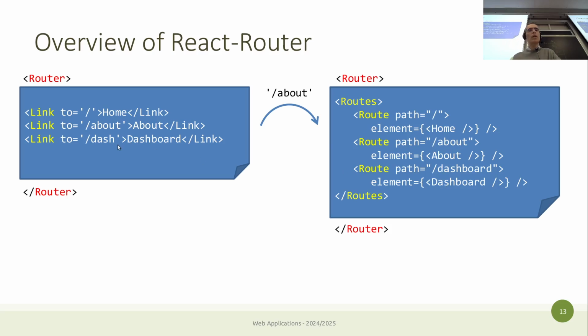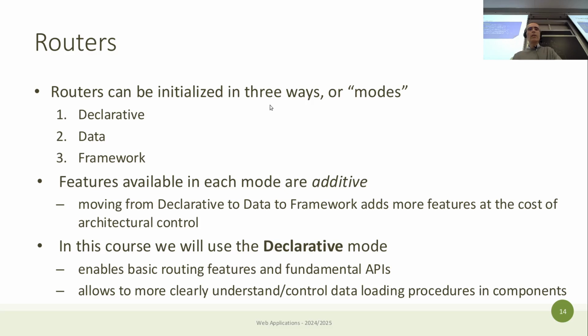Actually, here they shortened the dashboard, so this one will not work, and I need to fix this slide. In any case, these are URLs that you define yourself as a designer of the application. It's up to you to decide these URLs, depending on what you need to show, how you would like to divide your application into different views.